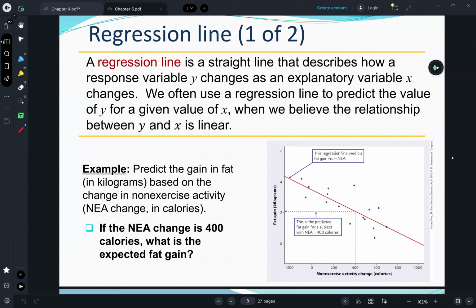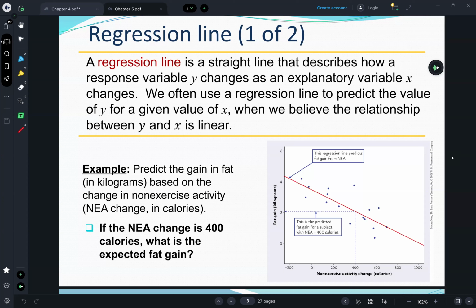So the purpose of having a least squares regression line, or just simply regression line, is so that we can make predictions using the explanatory variable values within the data set to get response values.